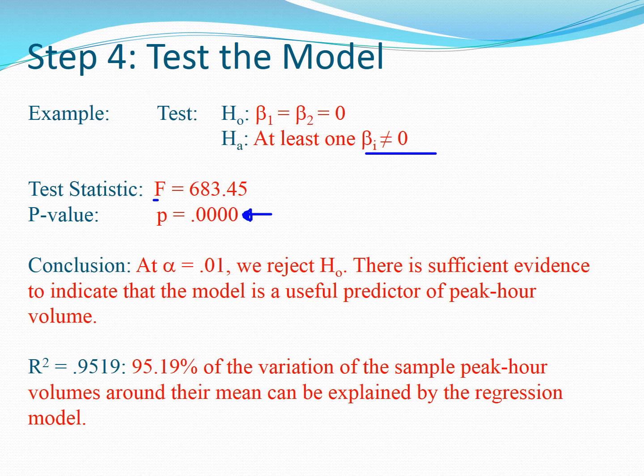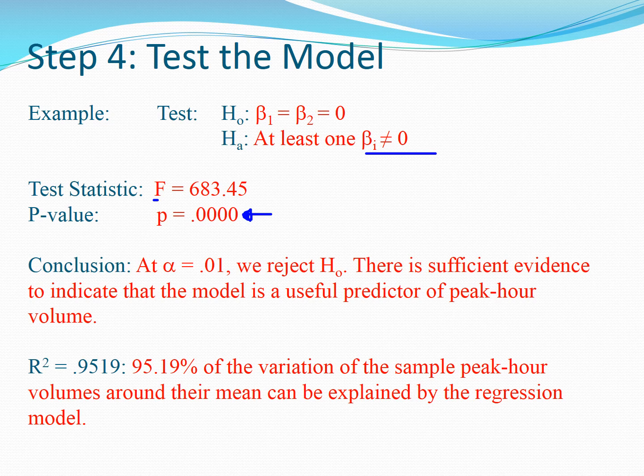Right now is a really good check of how you're doing in simple linear regression, because if you were pretty good in simple linear regression, you could interpret R squared there. Chances are pretty good you got this one. 95.19% of the variation of the sample peak hour volumes around their mean, the Y bar variation, can be explained.